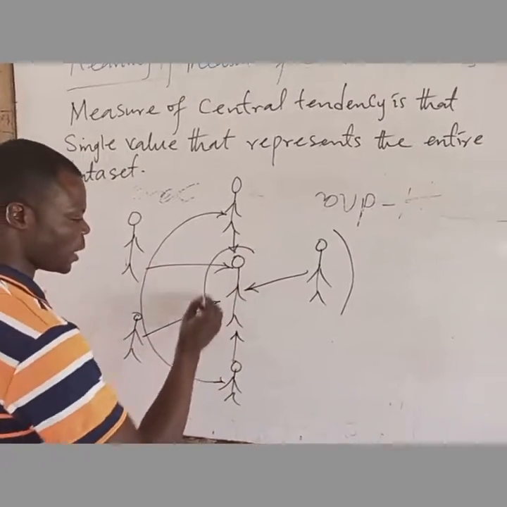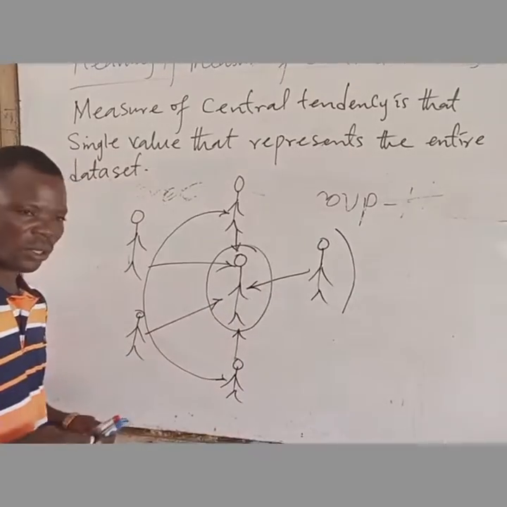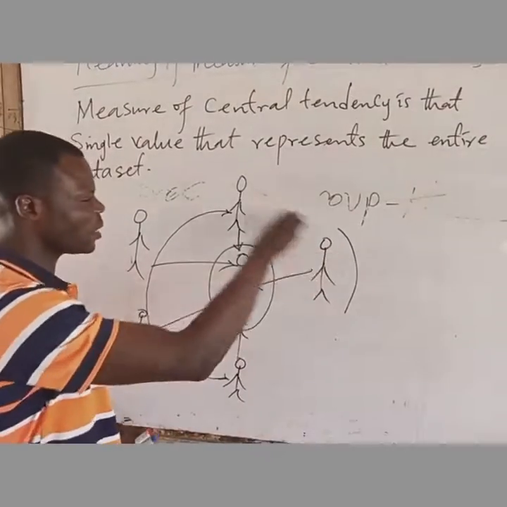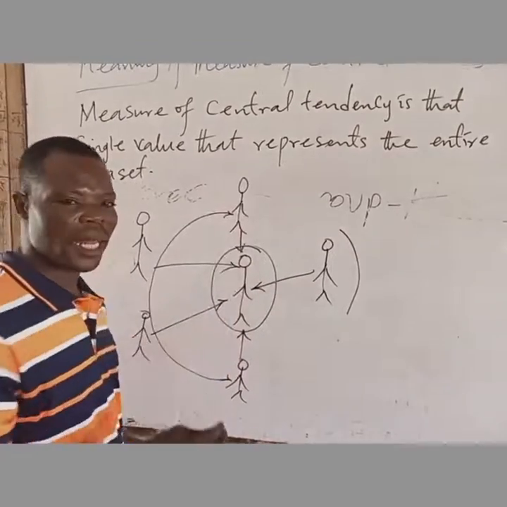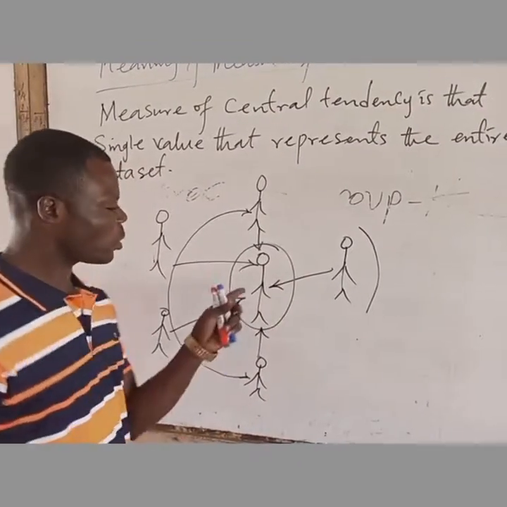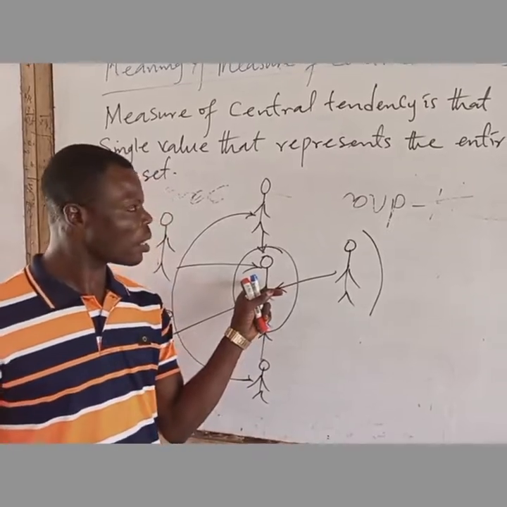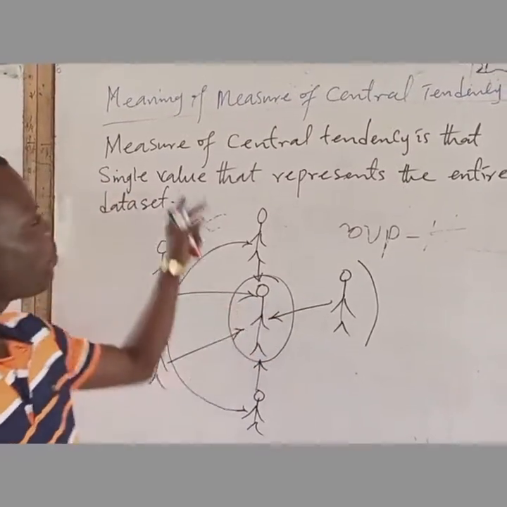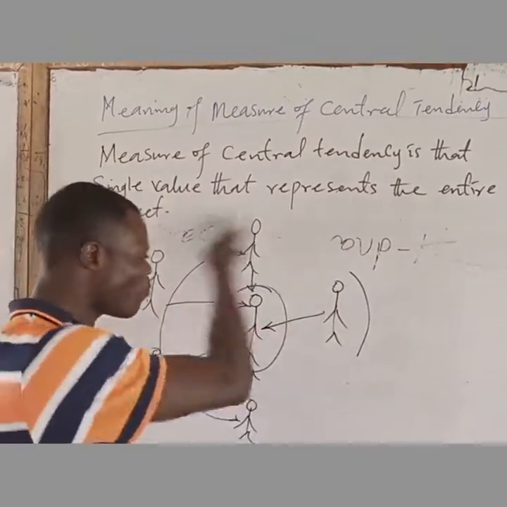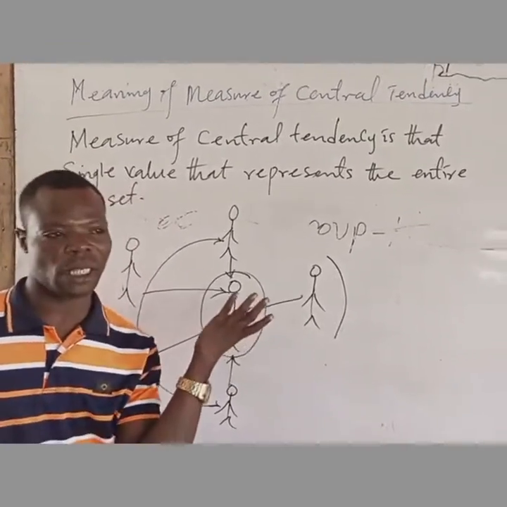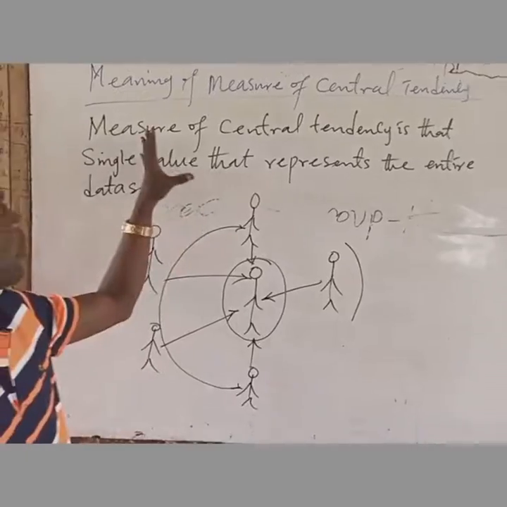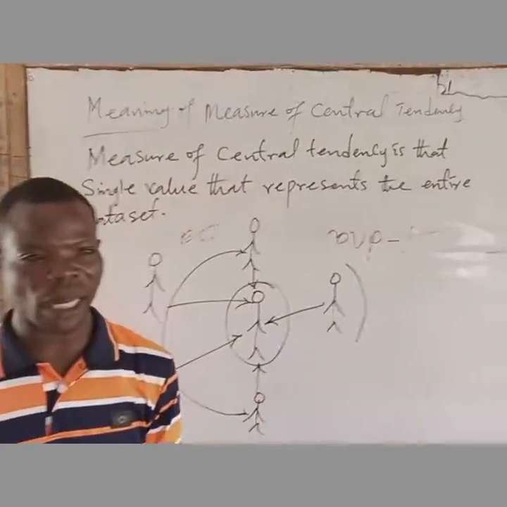This happens to be the single value on which each data or each set of data lies. So the father could be the measure of central tendency for the entire population which is in the family. That is the meaning of measure of central tendency.